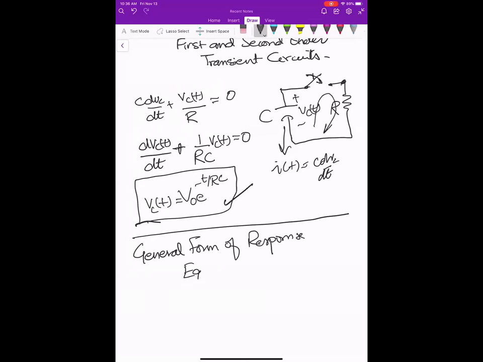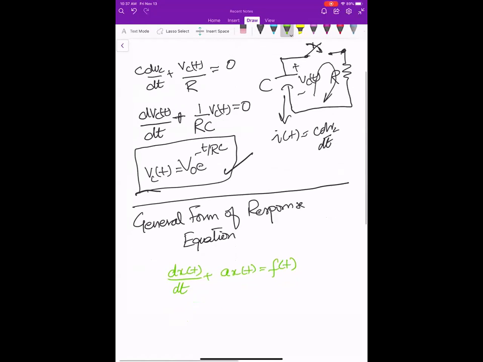Have you done this in calculus or anywhere else before first order circuits? Have you seen this equation before, which I'm writing?